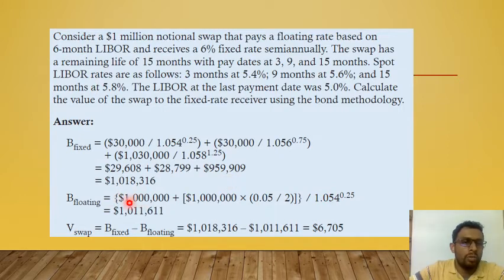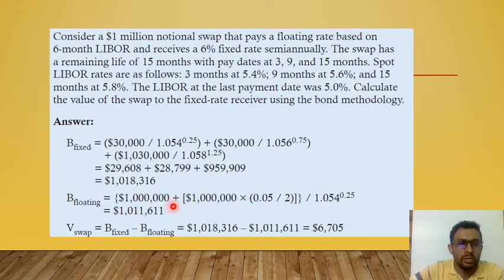So it is 10 lakh, which is the notional principal, plus the interest calculated using the last payment date interest rate, that is 5%. The interest comes to around 25,000, and this 25,000 plus 10 lakh is added and brought back to the present by using the 3 months LIBOR rate.